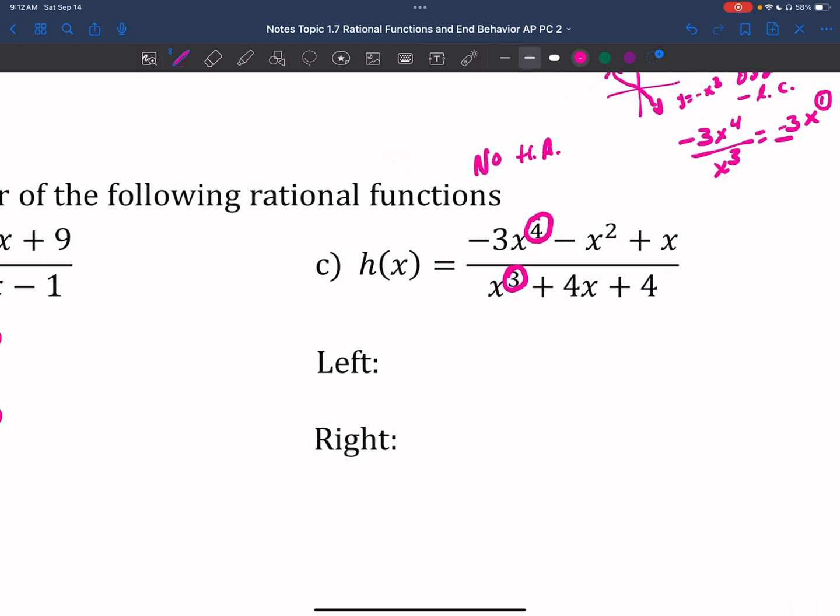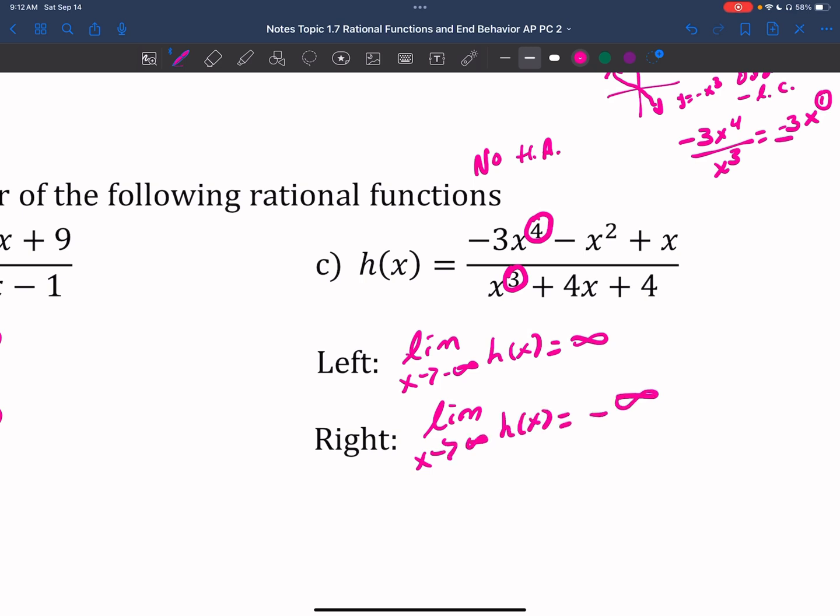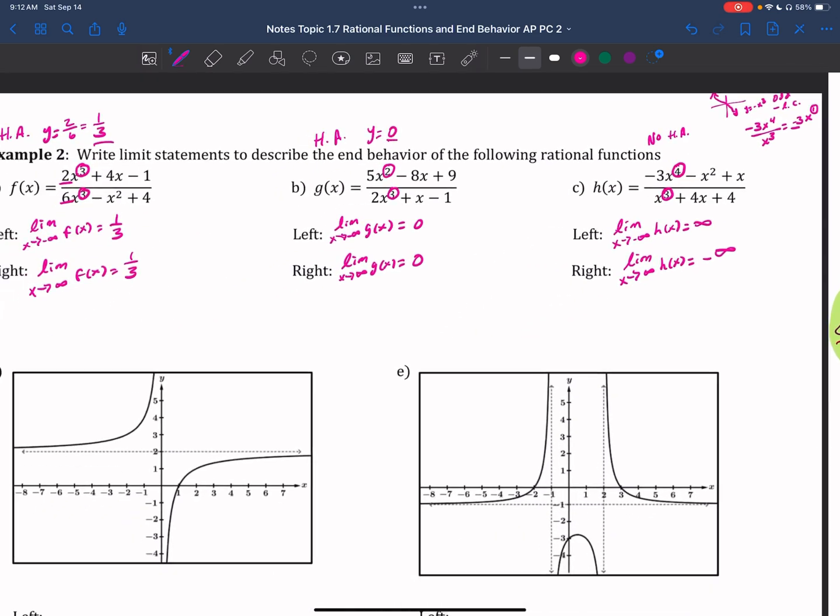So I'm just going to write those very quickly. The limit as x approaches negative infinity for h of x, again increasing without bound, is equal to positive infinity. And the limit as x approaches positive infinity for h of x is going to be negative infinity since it's decreasing without bound.